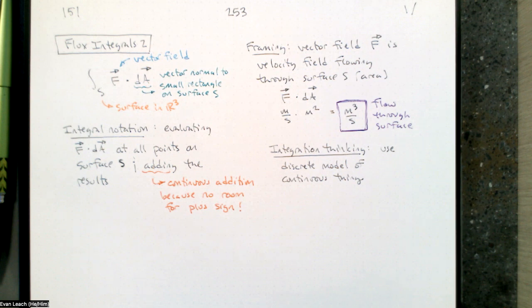The surface is going to be a lot of flat areas that each have a normal vector.